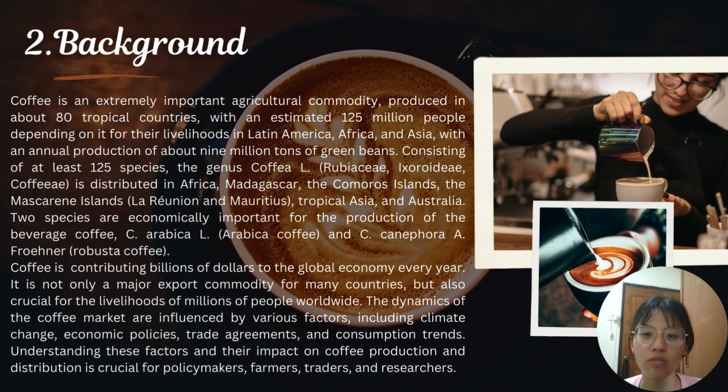As we all know, coffee is a very important agricultural commodity in the world. So it's necessary for us to study the input, output, production, and so on about coffee. Coffee is produced in about 80 tropical countries and supports 125 million people, mainly in Latin America, Africa, and Asia, with an annual production of 9 million tons of green beans.